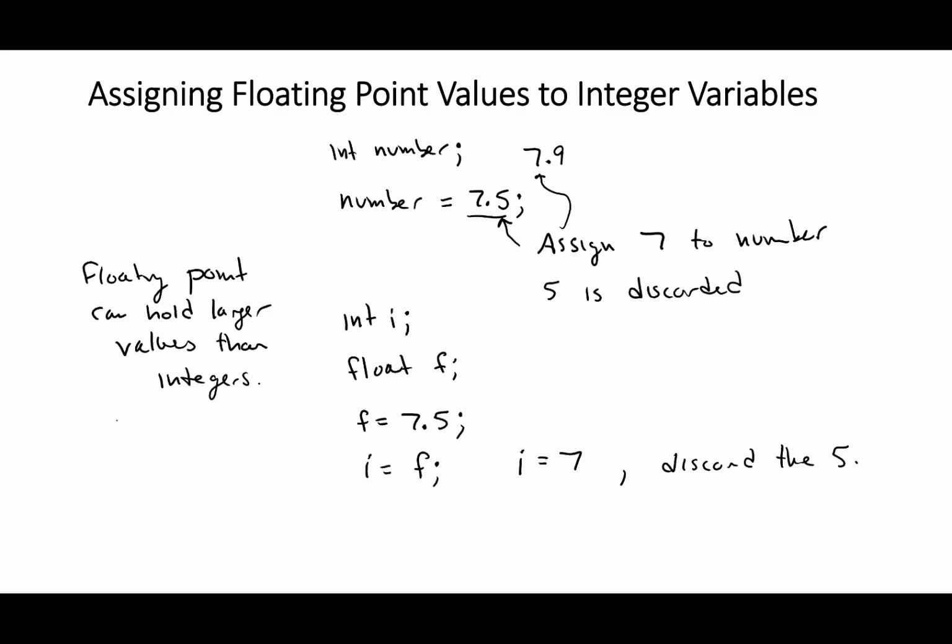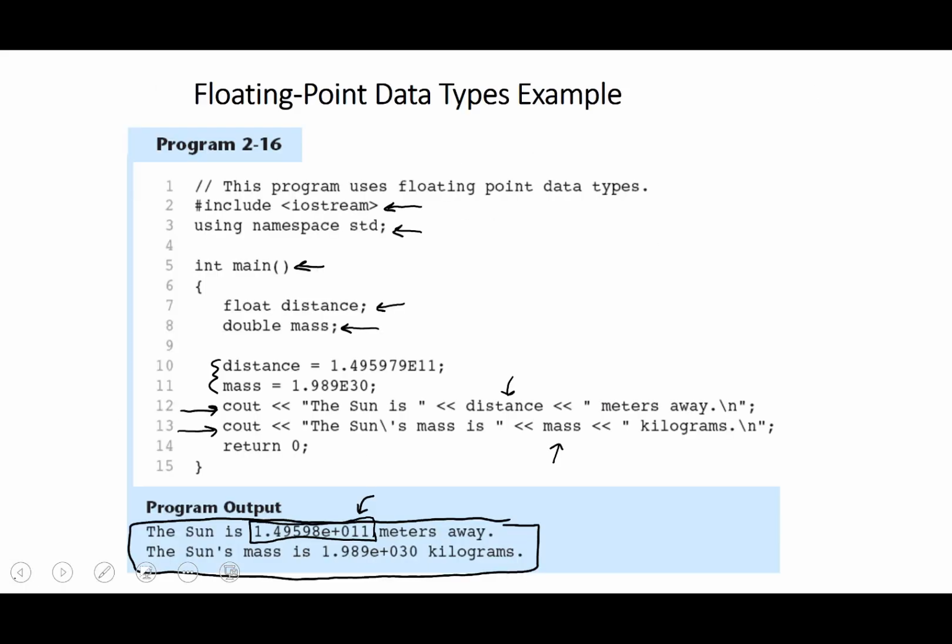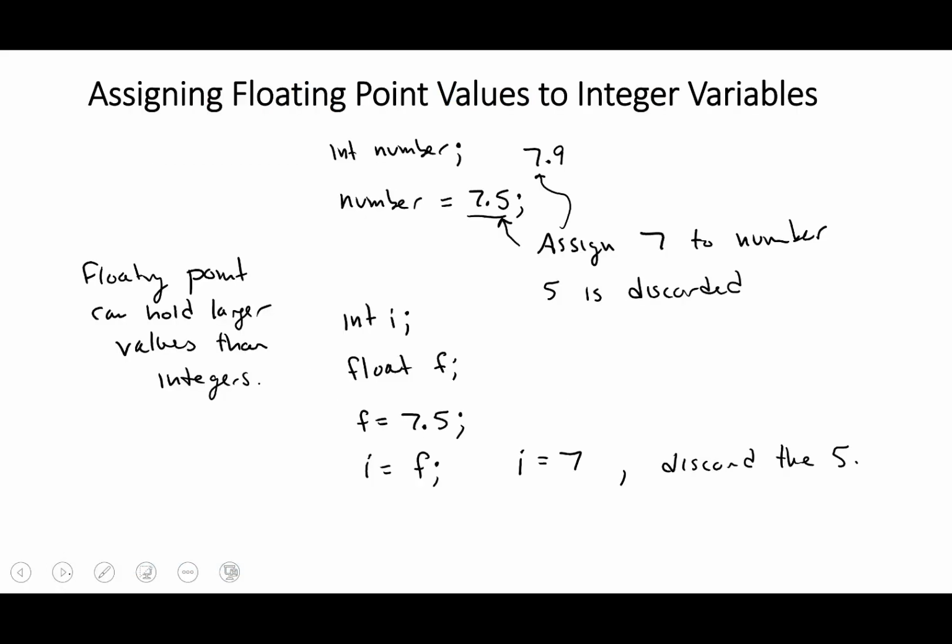An example of that, let's say that you have a really large number, like, what was this mass? So 1.89e30. So let's say we have a floating point that's 1.89e30, and then you try to assign that to an integer, maybe a short int.